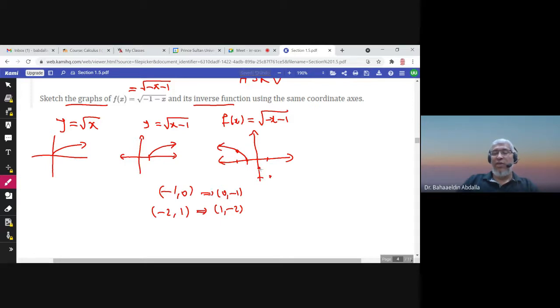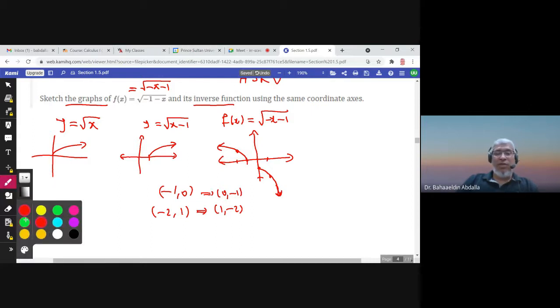So you can sketch the graph like this. This would be the graph of f inverse. Both graphs are symmetric about this line, which is y equals x.